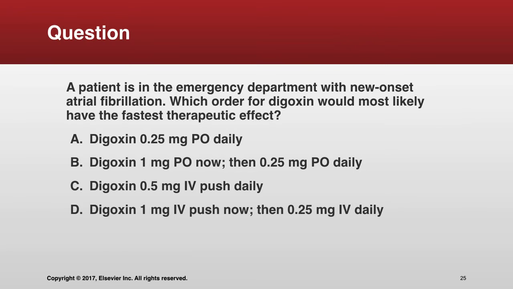So we don't have to go through the first pass effect. It's going to be in the system, and this 1 milligram, its half-life is going to be a half a milligram. So by the time we get that second dose, we haven't dropped all the way down to nothing. We still have a little bit of drug in, and that 0.25 is going to take us up.